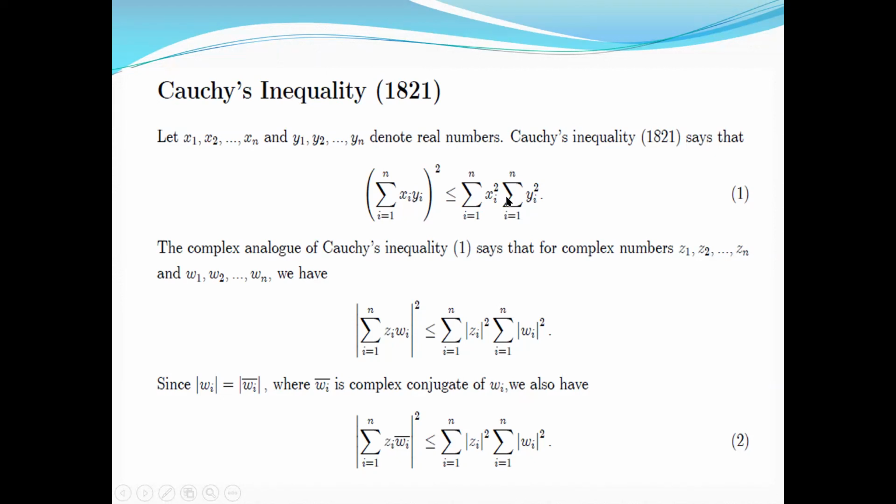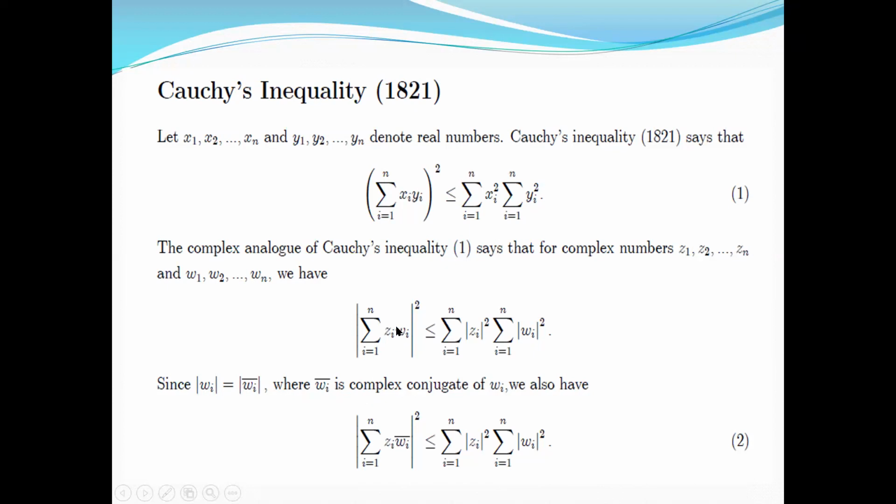This Cauchy inequality for real numbers also has a complex analog. This says that if we have complex numbers zi and wi, then the modulus of the sum of zi wi, whole squared, is less than or equal to the sum of mod zi squared times the sum of mod wi squared. Also note that the modulus of a complex number and its conjugate are the same.